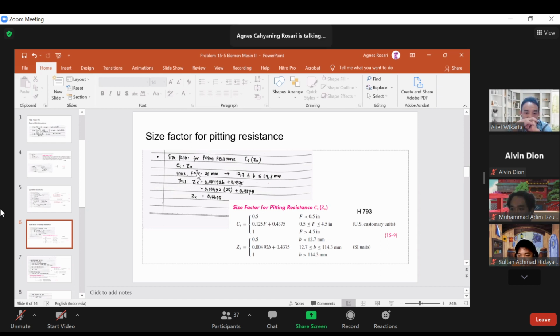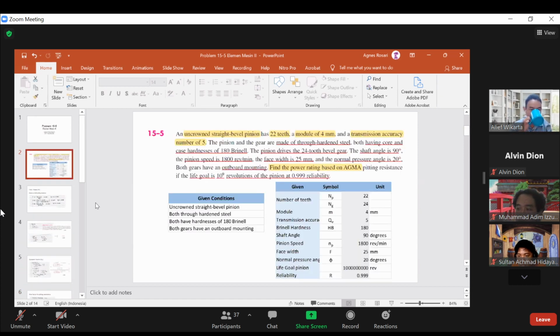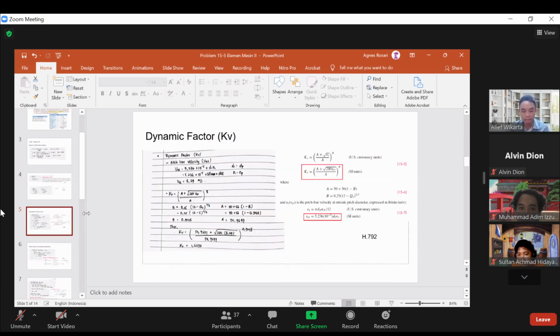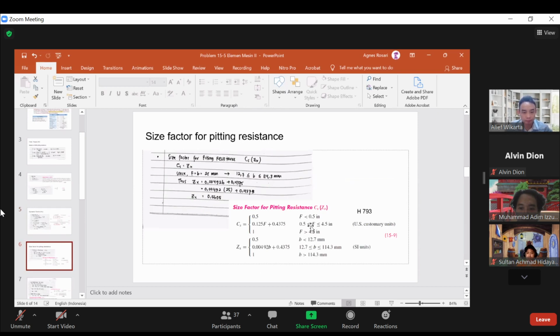Since the face width B is given as 25 millimeters, it means that 25 millimeters is in this range. So we can find the size factor using these equations. Then we got the size factor equals 0.56.